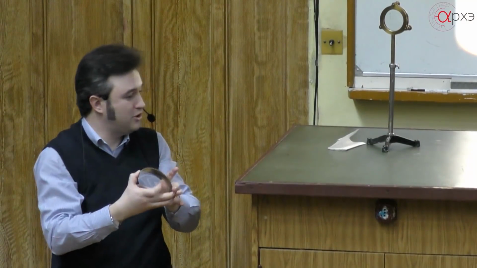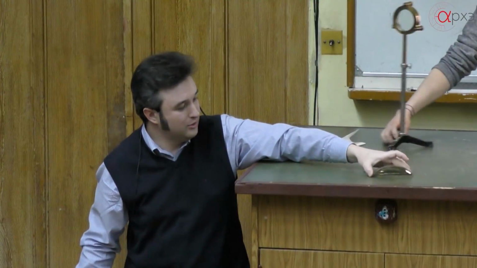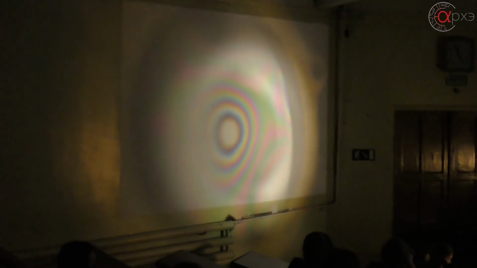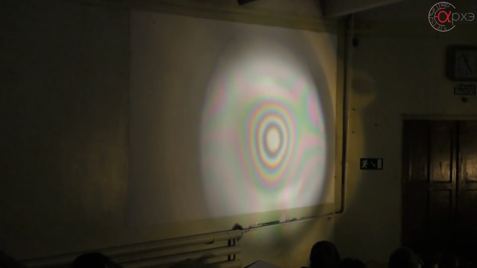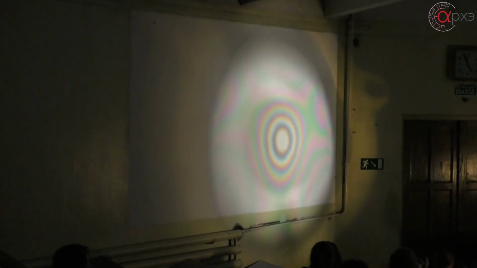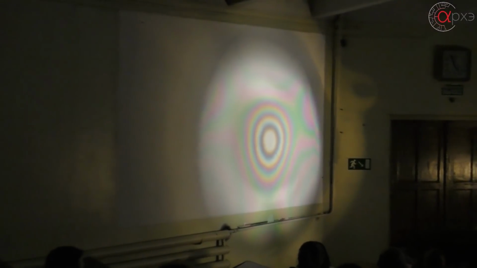And what he observed were a series of red and dark and light bands. So this is what we see here. As we jam this sandwich in a different way, we see this beautiful pattern of bright and dark circles.